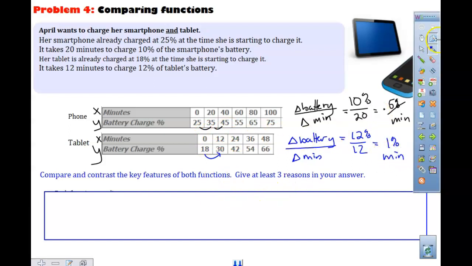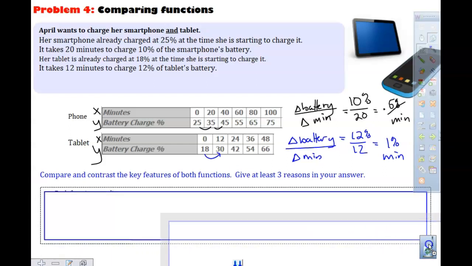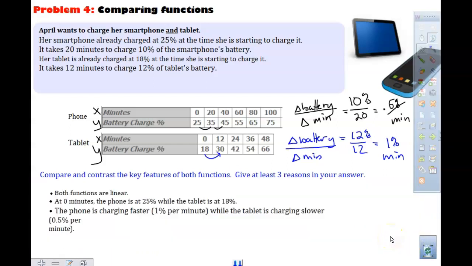So if we are going to compare and contrast this table, a couple of things. You're going to be asked in your homework to give some different reasons, on the test and on our quiz for this. So I just want you to look at some of the different information and how we wrote this. One of the things we could say is that they're both linear. They have a constant rate of change. At 0 minutes, one was at 25%, the tablet was 18%. That's our y-intercept, the beginning point.